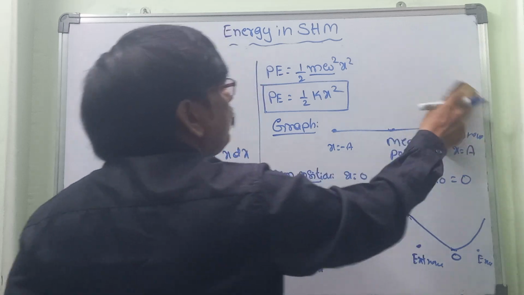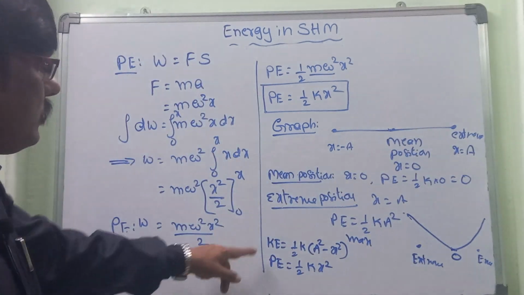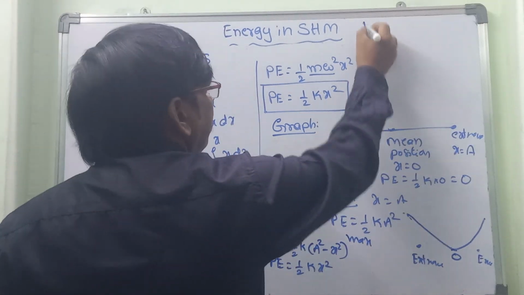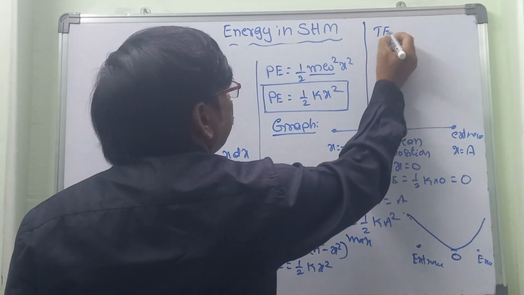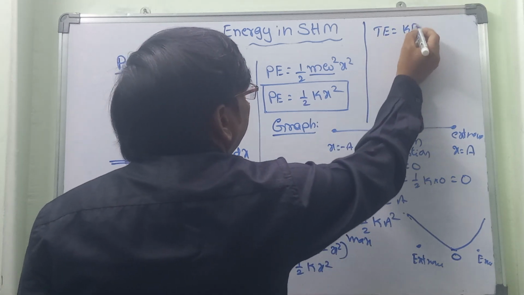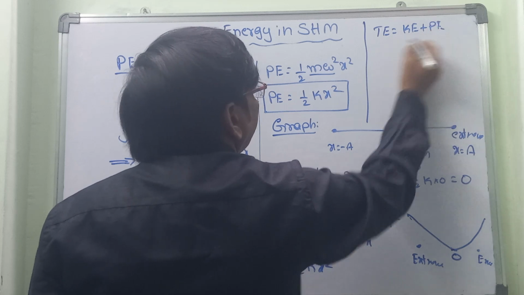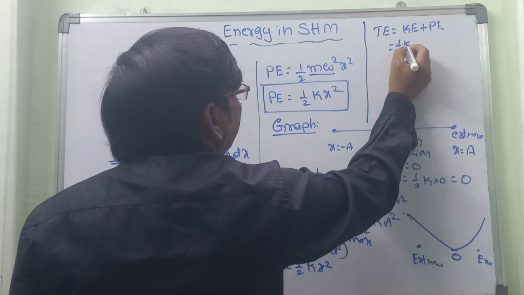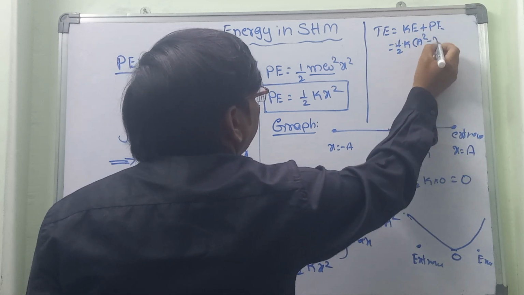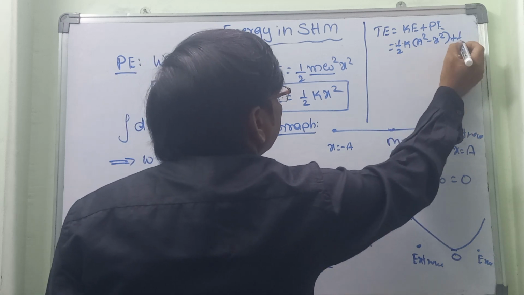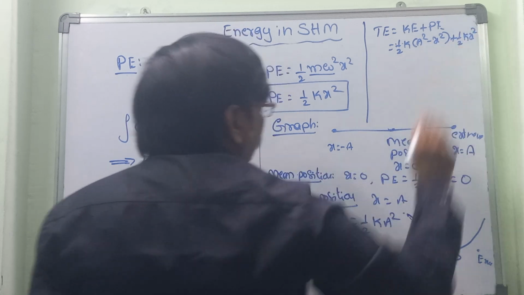Now let us go to the total energy. How much will be the total energy? The total energy we can consider as KE plus PE. That is equal to half k into A square minus x square, plus half k x square.